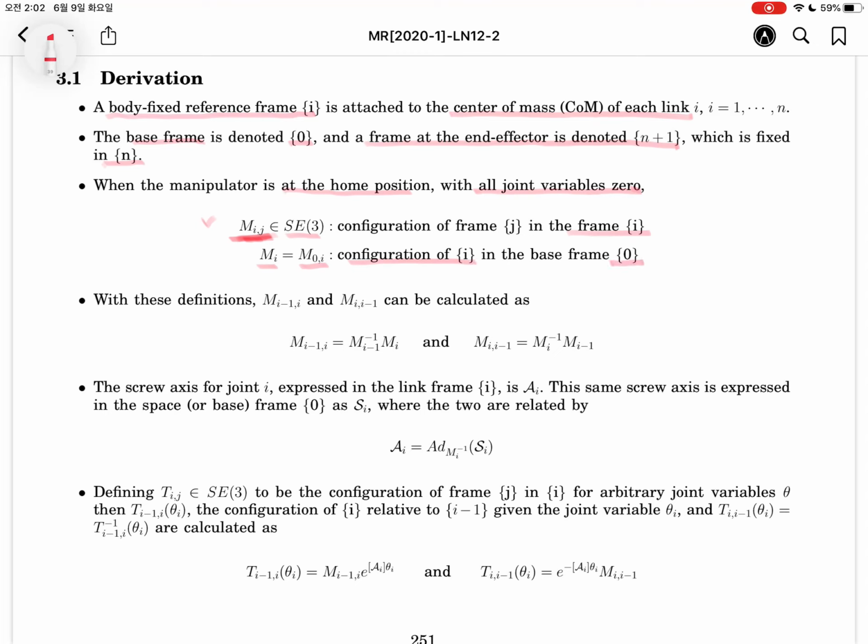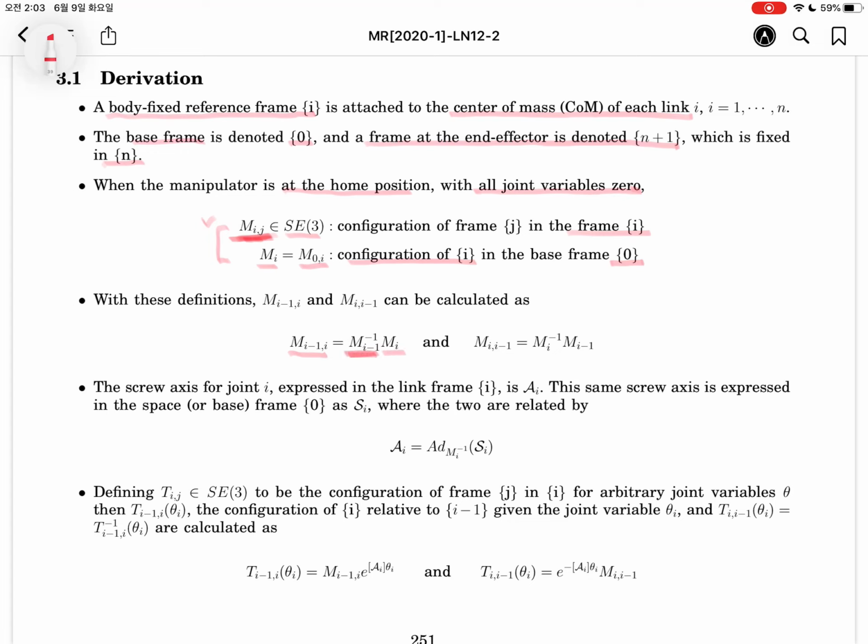So we should memorize this constant matrix concept. M_{i-1,i} can be obtained by using M_{i-1} inverse times M_i.